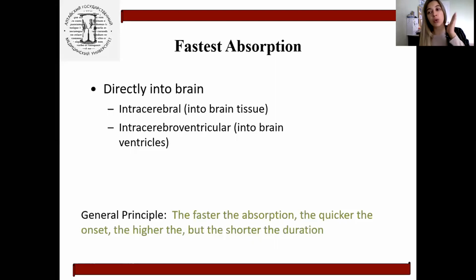So you give the drug quickly, it quickly affects, but not for a long time. For example, when you inhale general anesthesia, you fall asleep in 1 minute, but when you stop inhaling, you wake up very, very quickly. So that means a short duration of action.